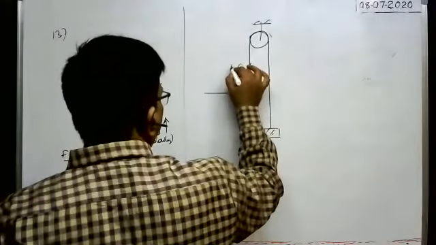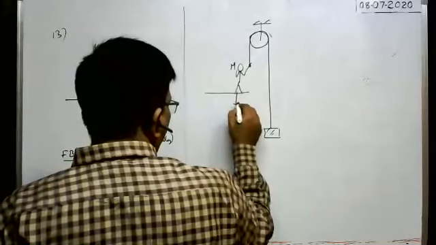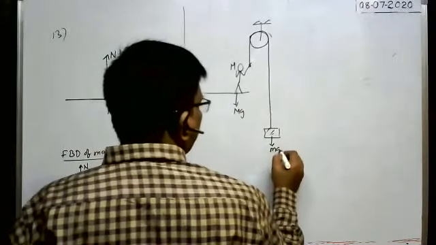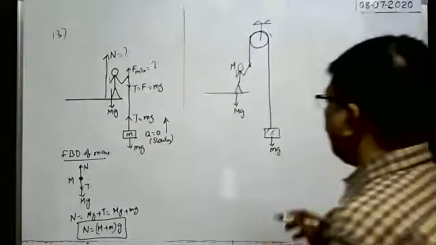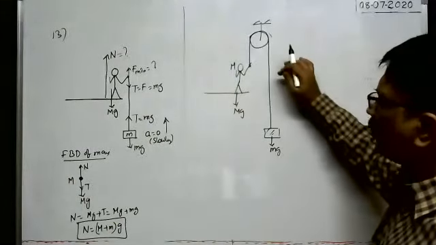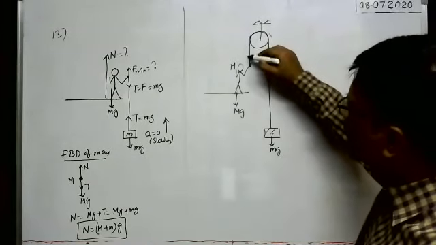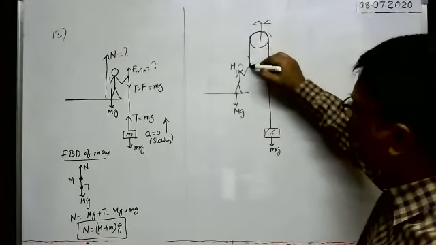Mass of the man is capital M, so weight Mg acts vertically downwards. Here mass of the block is small m, so weight mg downwards. To lift the block in upward direction with the help of the pulley, the man pulls the rope in downwards direction with a certain force.